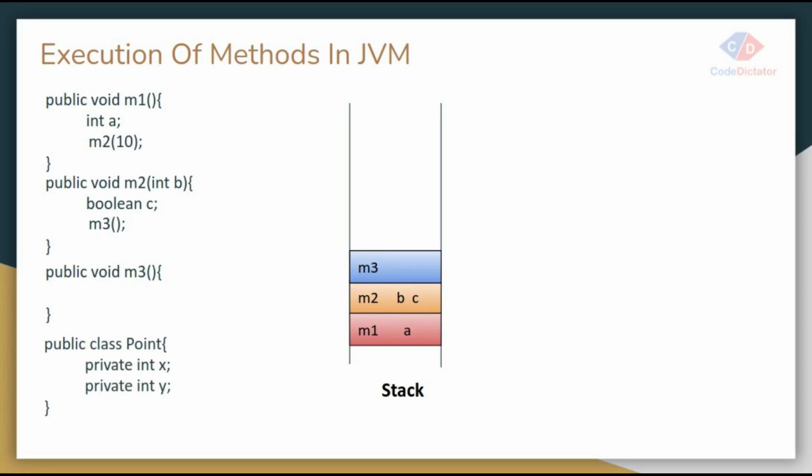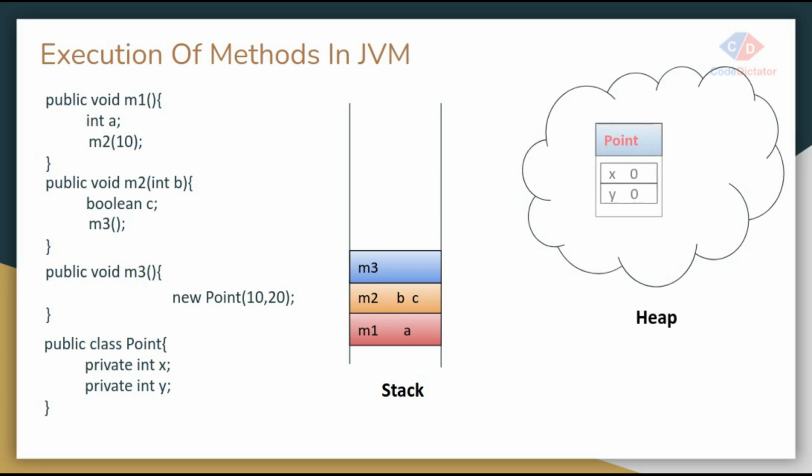Here I created one small class, Point, which has two values, int x and int y, and these are private, so definitely we have to make them accessible with the help of getters and setters. Now in method 3 we are going to create an object of our Point class.